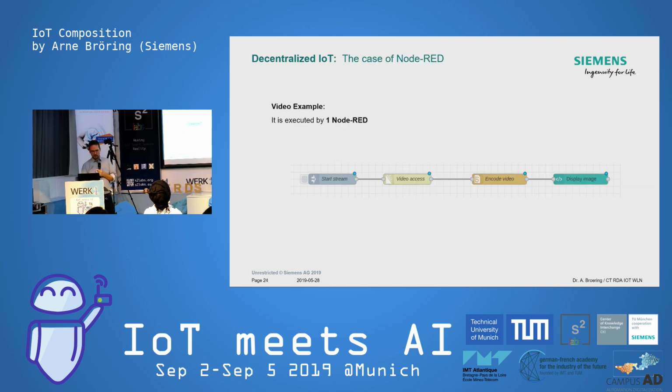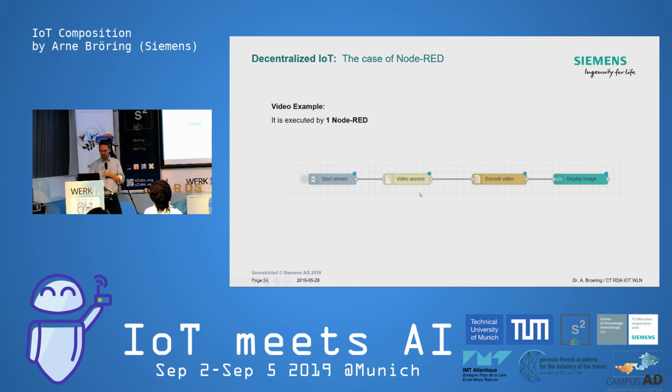If we look at Node-RED, such decentralization is also interesting. Usually Node-RED runs in a centralized way. You see here an example of a flow that streams a video.